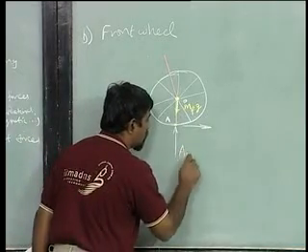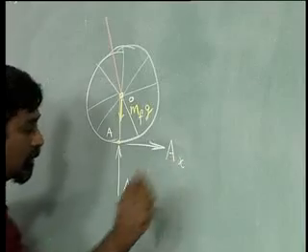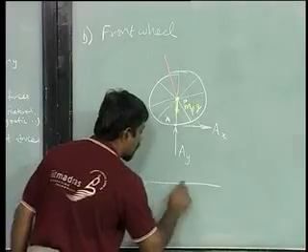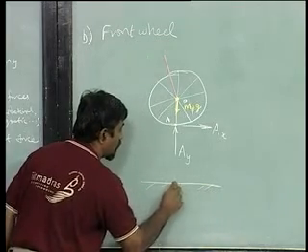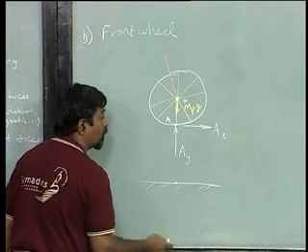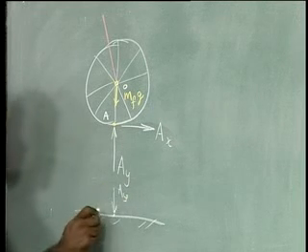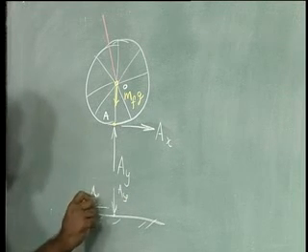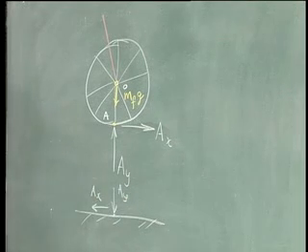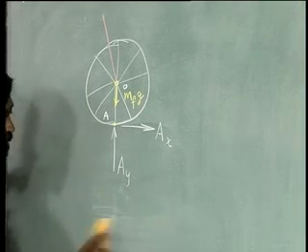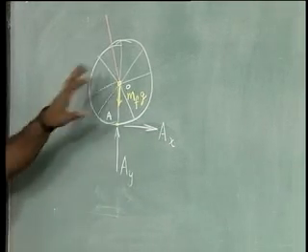We will call this as Ay and Ax. As you can easily understand from now, the equivalent point on the ground will have equal and opposite forces, right. Let me erase this for now, because our focus is on the front wheel.